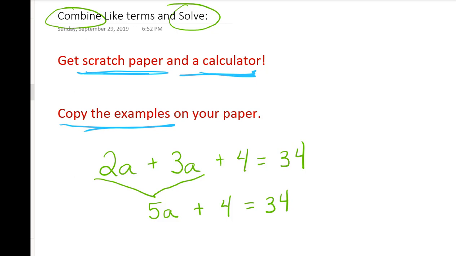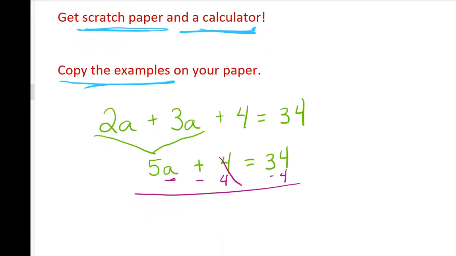Now our problem is like what we've been doing. Our variable is a, and now we have plus 4. The opposite of plus 4 is minus 4, and those cancel. 34 minus 4 is 30, equals 5a.